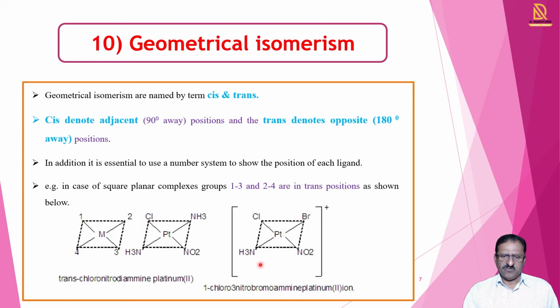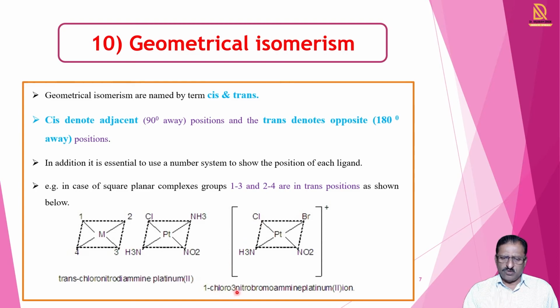Generally we give the number 1 to the ligand which is negatively charged, and alphabetically they get numbers. So if we consider this is number 1, this is 2, 3, 4, then at number 1 there is chloro.